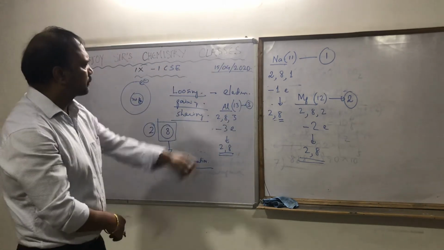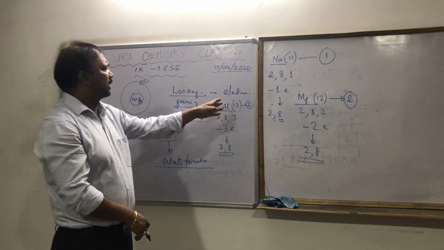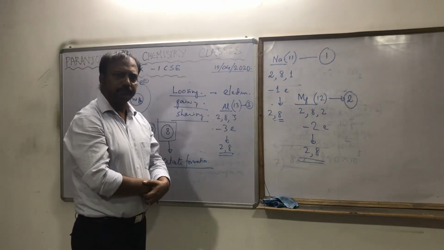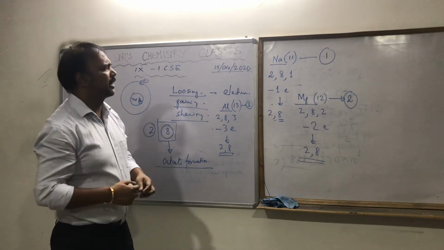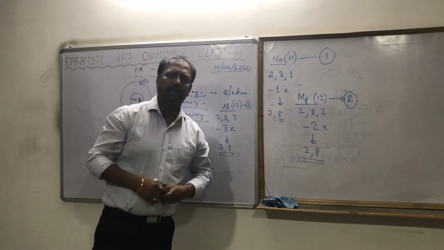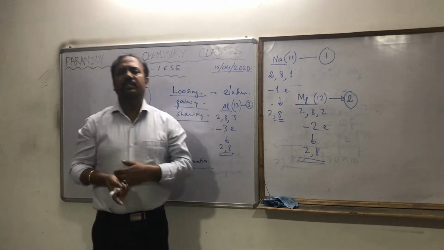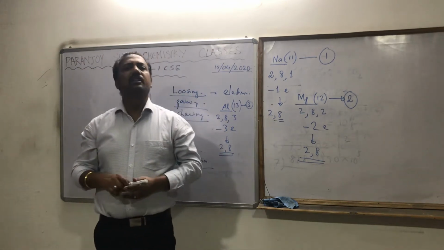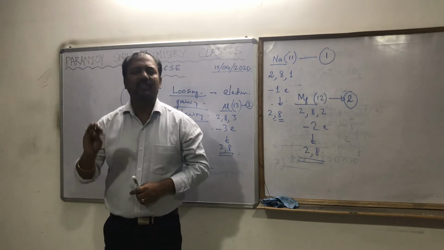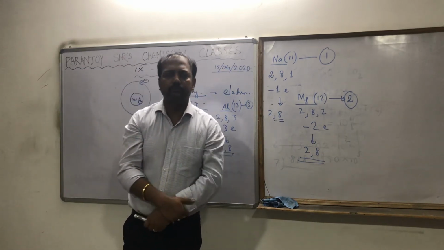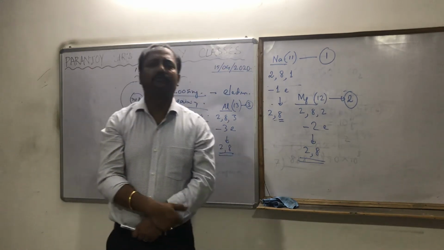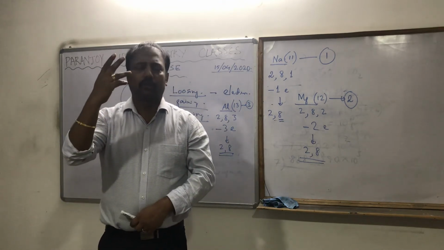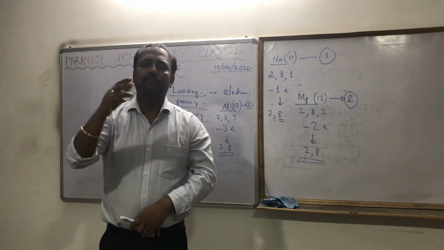So these valencies we are calculating by the amount of loss of electron. Now some elements are there whose last shell contains 5, 6 or 7 electrons. If it has got 5 electrons, it will try to gain 3 electrons.